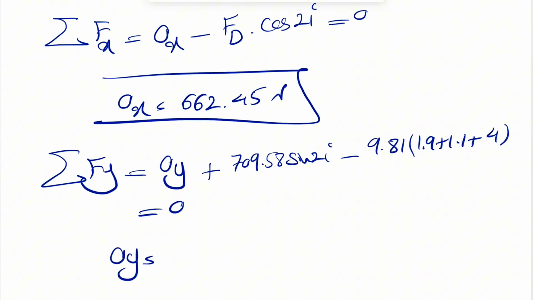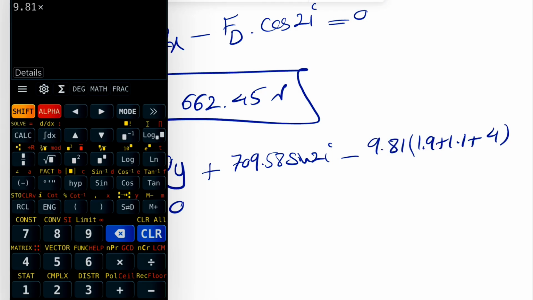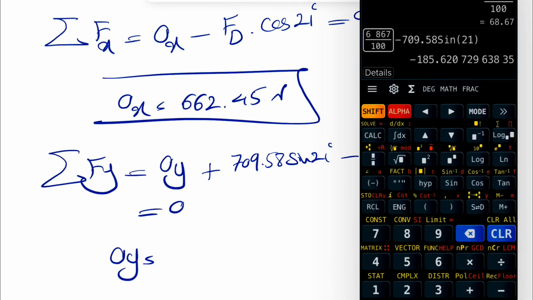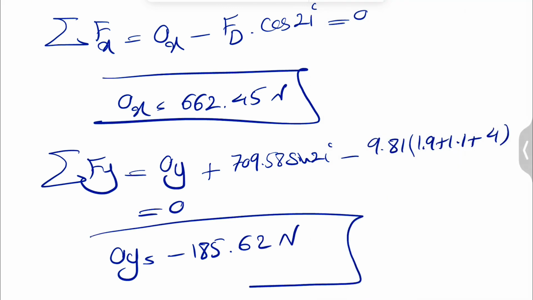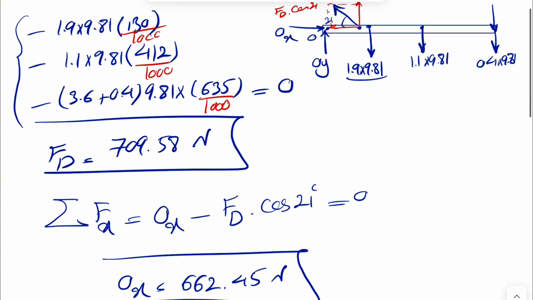We can find OY in here. 9.81 times 1.1 plus 1.9 plus 4, minus 709.58 sine of 21. And this is going to give us OY, which will be minus 85.62 newtons.